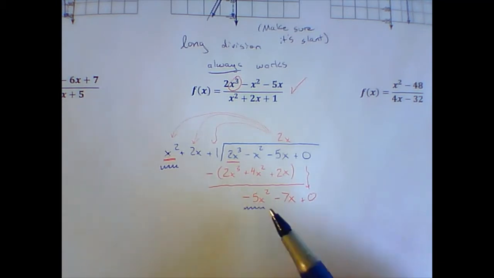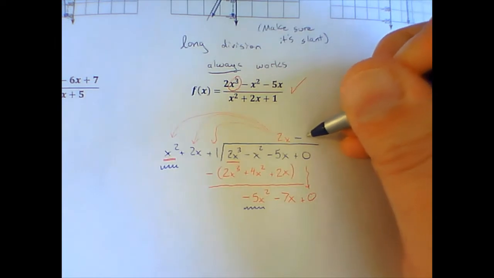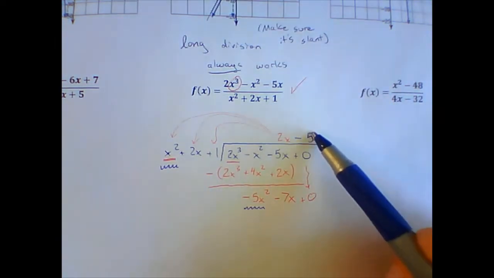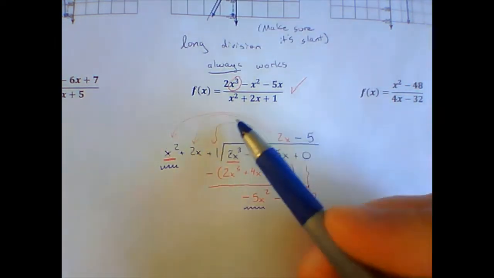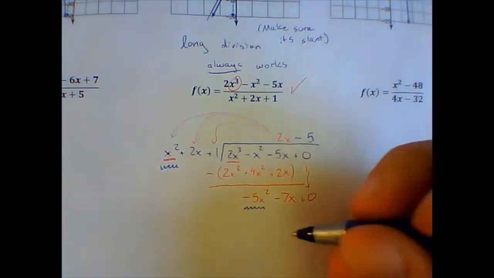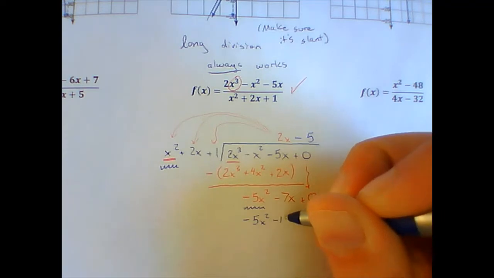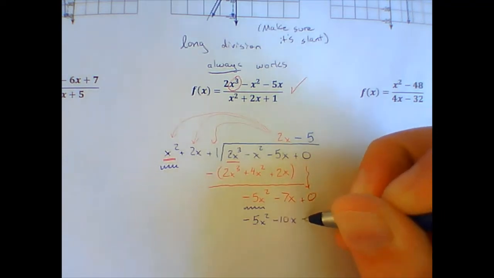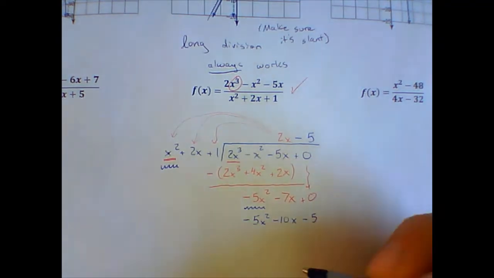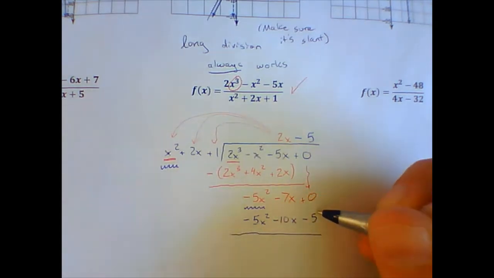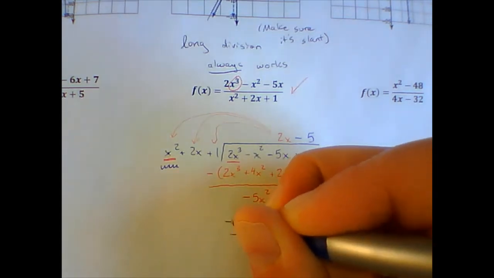We just need a negative 5. And he's going to go over with just the normal numbers. And he will also distribute. He multiplies. This is a multiplying part. So we have negative 5x squared, negative 10x, and negative 5. Okay, and that entire thing subtracts.